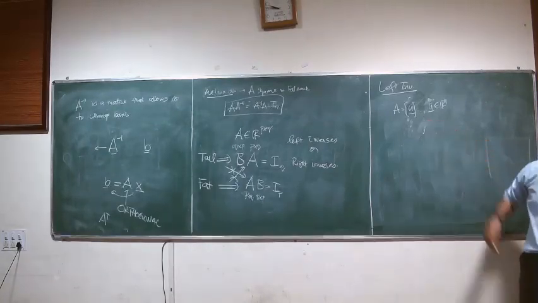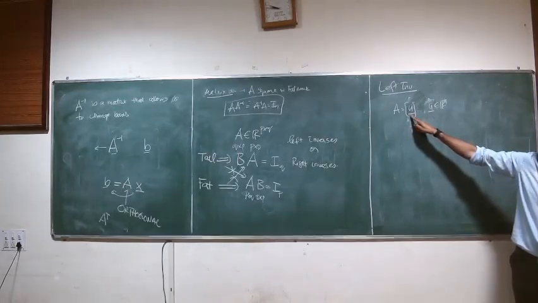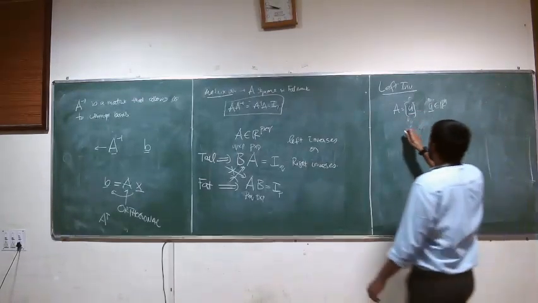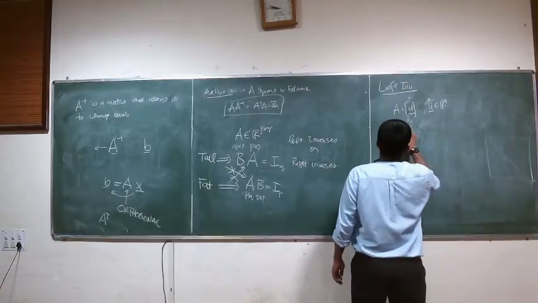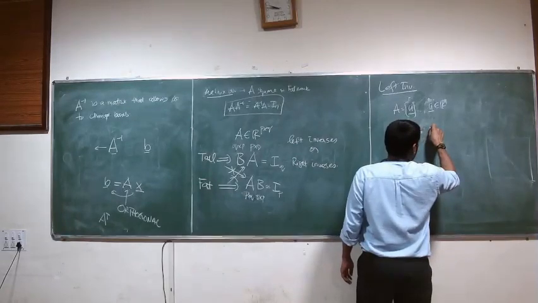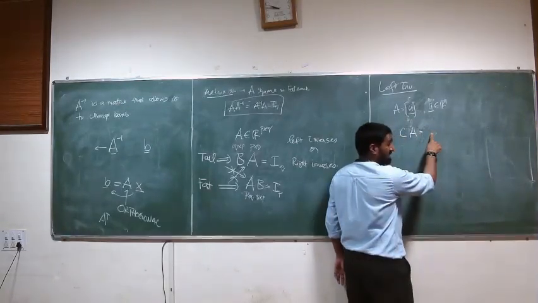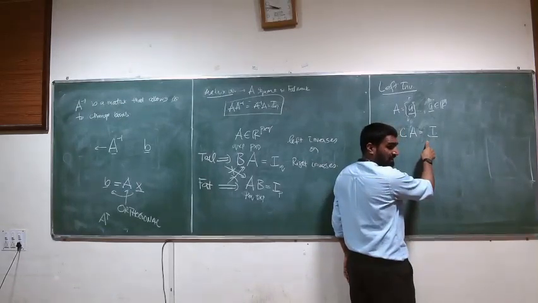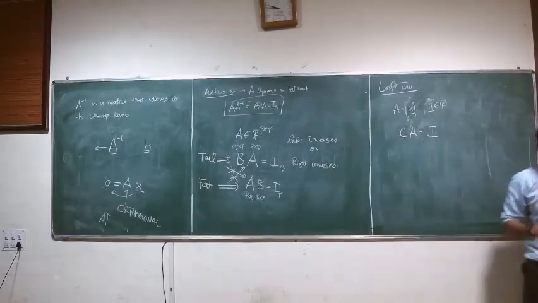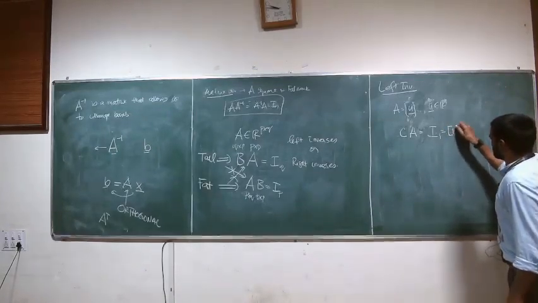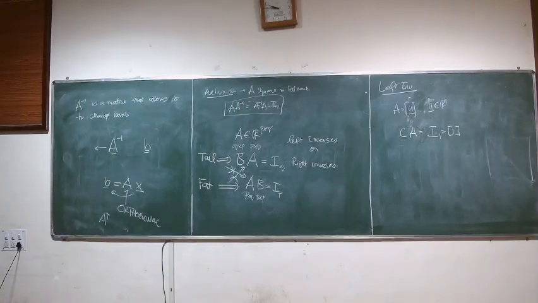Now the question is, this is full rank. A is not 0, so this is full rank. That means it has a left inverse. The question is to find this matrix. Let's call it C, such that CA equals I. What will be the size of I? It will be a 1 cross 1 matrix. That means it simply has to produce 1. How do we find this?